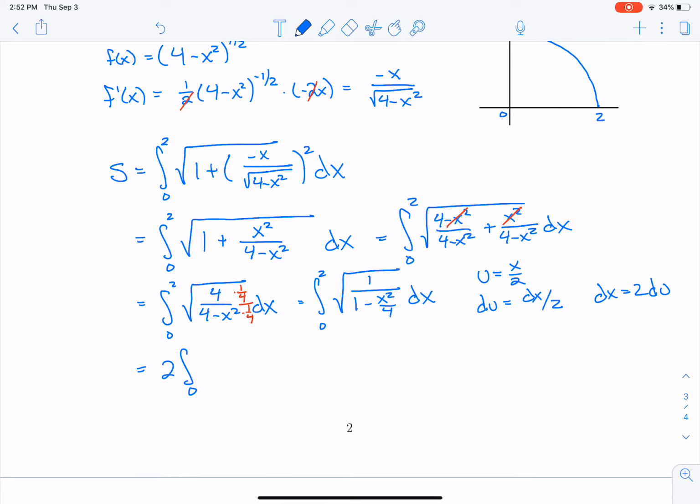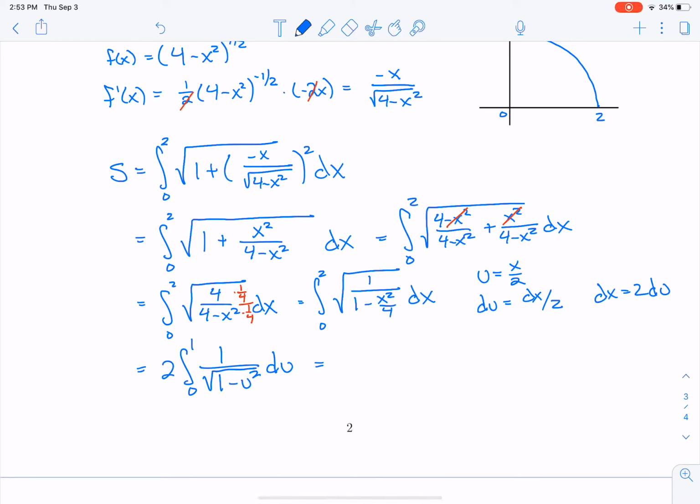Now x over 2 is 0 over 2, but when I let x equals 2, then u is going to be 2 over 2, or 1. So it's the integral from 0 to 1, 1 over the square root of, because I can take the square root of the top and the bottom, 1 minus u squared du.